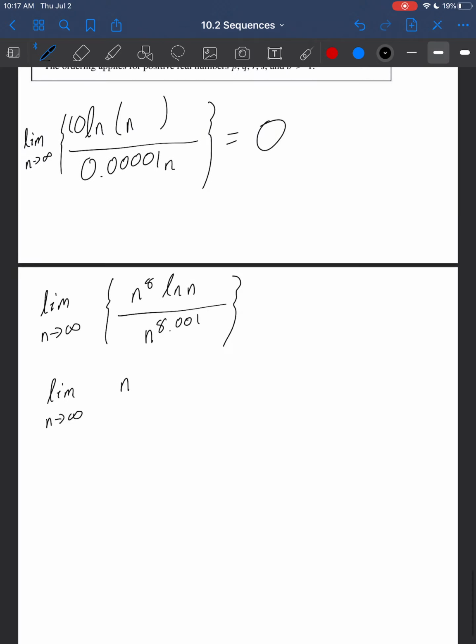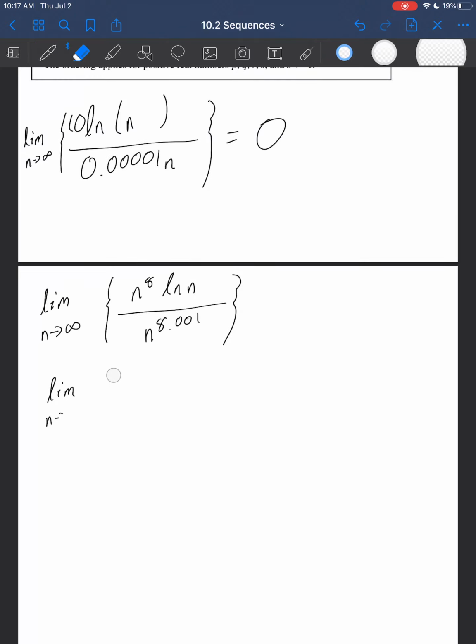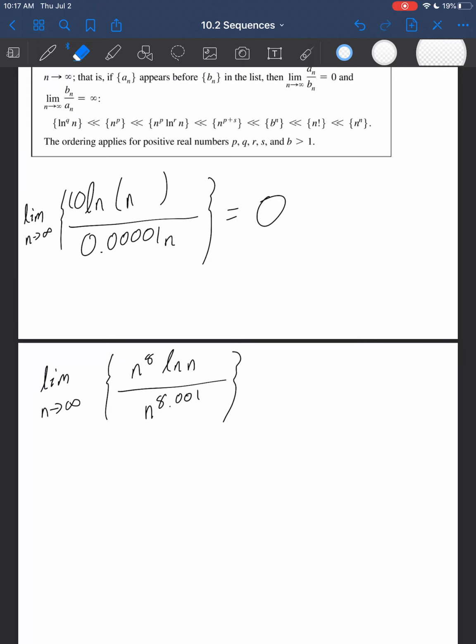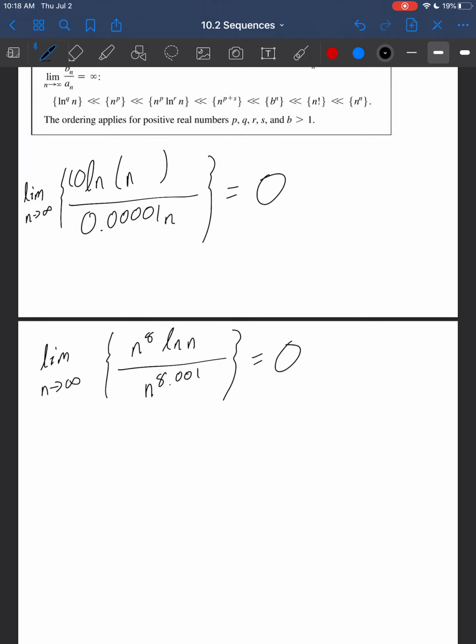Oh, actually, no, we don't even need to do that. We have rules for this one. So our rules are, p is 8, we have n to the 8th times natural log, so r is 1, and s is going to be 0.001. So we have a small thing over a big thing, and this is going to be 0.